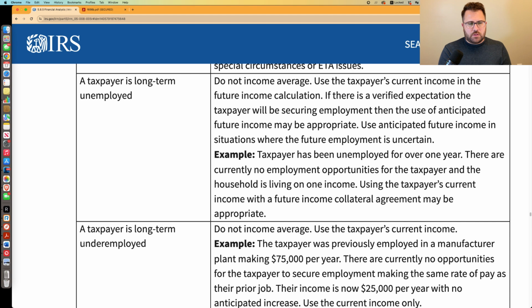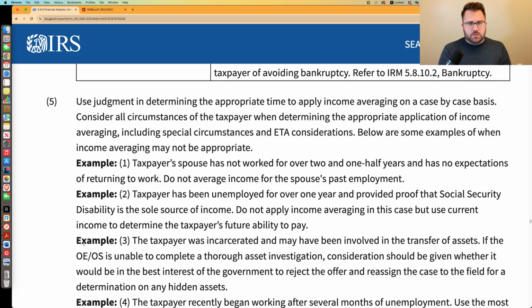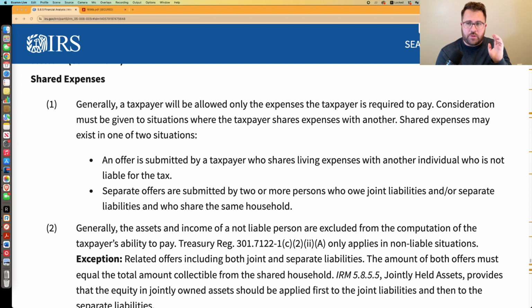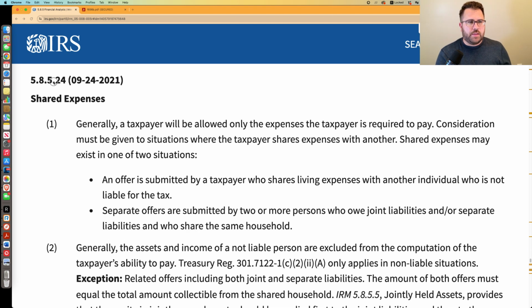Where? Hold on. Sorry. They used to mention it up there. Now they mention it in the shared expenses section, 5.8.5.24. As of a few years ago, I guess. When I learned all this stuff, it was all in my head, the old reference numbers, but they change things every now and then. Anyway, check it out.